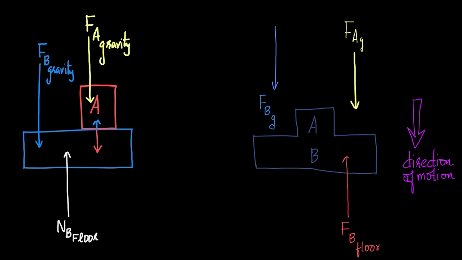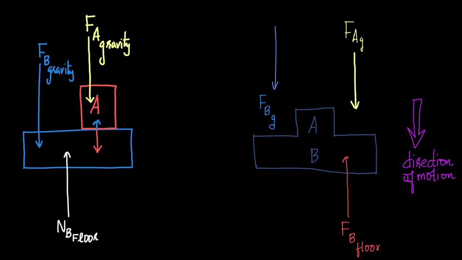Okay. So there is normal reaction on A, there is normal reaction on B. Both of them are cancelling each other. The only forces we have: force on B due to gravity, force on A due to gravity. Both of them are acting downwards and therefore are represented like that. Force on B due to the floor, which is normal reaction due to the floor, acting upwards.